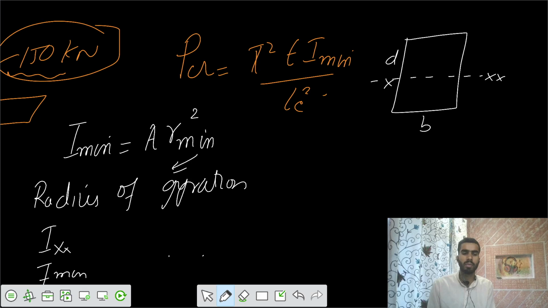That's equal to B d cube by 12. And what is the area I have? Cross-sectional area is B d, and we have some value of r minimum whole square.